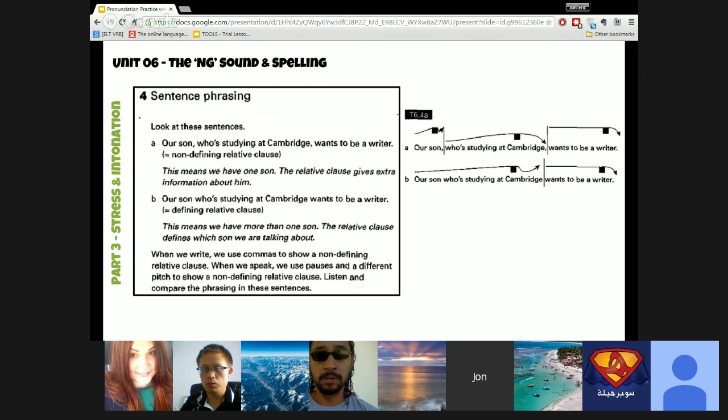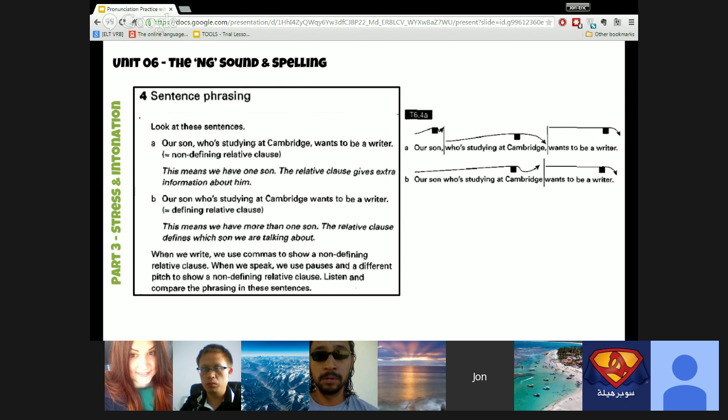Okay, let's see if Hyla can do it. A and B together. Okay. Our son, who's studying at Cambridge, wants to be a writer. Very good. Try B. Our son who's studying at Cambridge wants to be a writer.